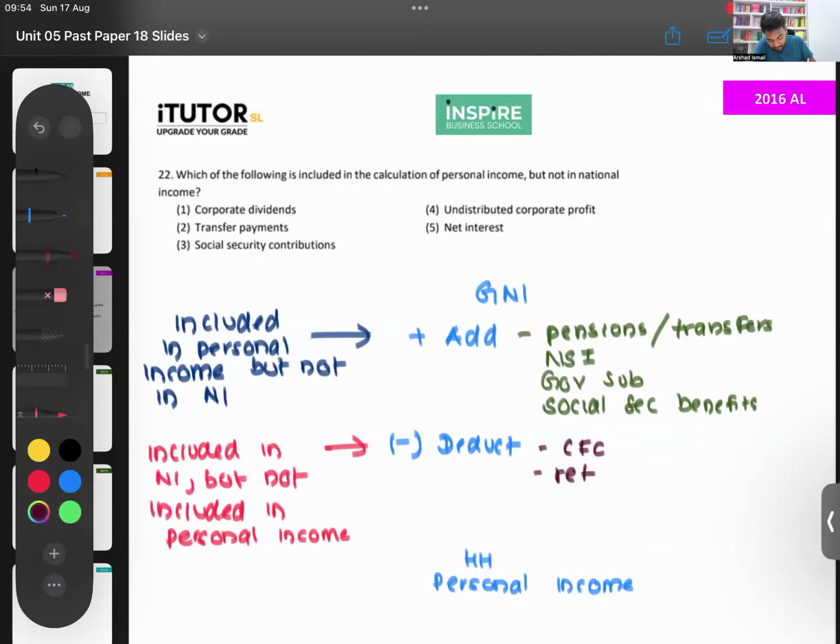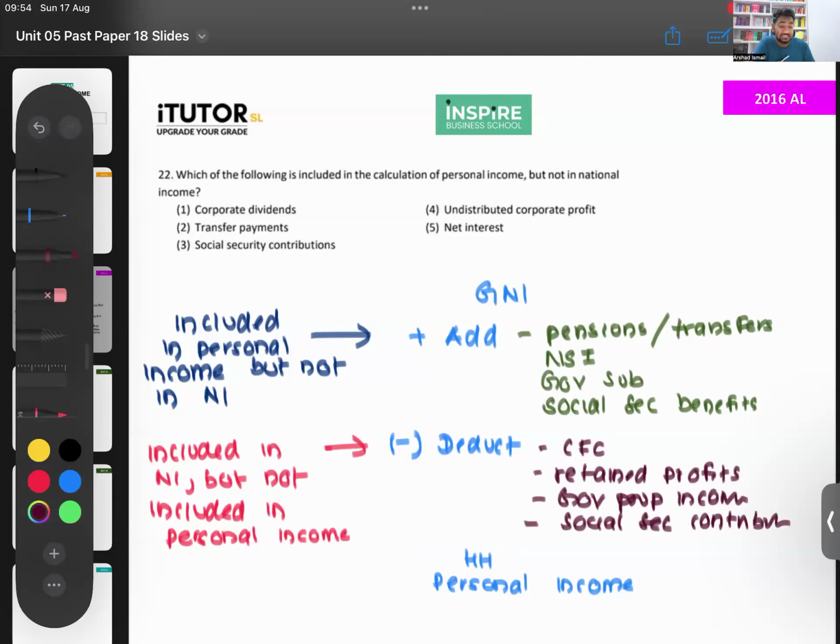The businesses retain profits, or you call it undistributed profits. Then you deduct things like government property income and stuff. Government property income. What else? Social security contribution. Social security, the EPF, ETF and all that you pay, you don't get that. Yeah. So social security contribution.